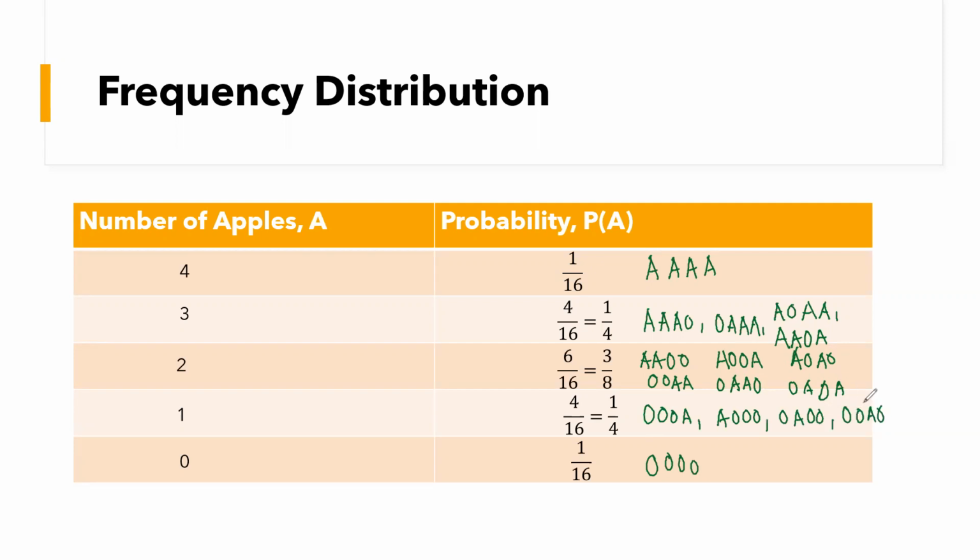That's how we list all the outcomes. We have only one here, then 1, 2, 3, 4, then 1, 2, 3, 4, 5, 6, then 1, 2, 3, 4, then 1. That's how we construct the frequency distribution: we record the values of the random variable along with the probability.